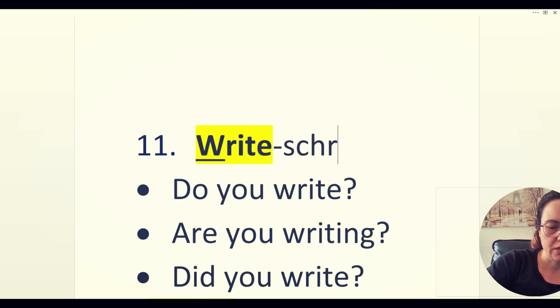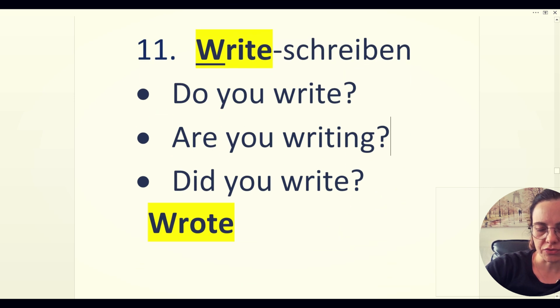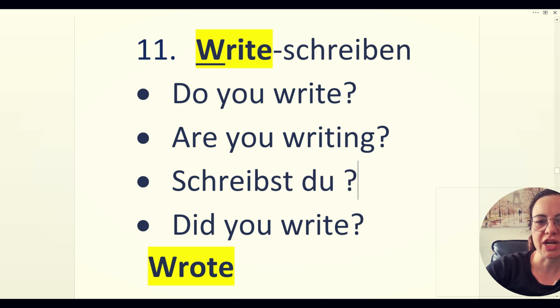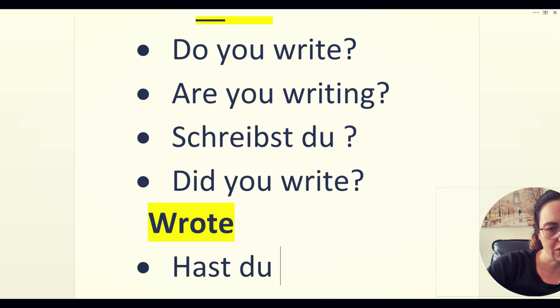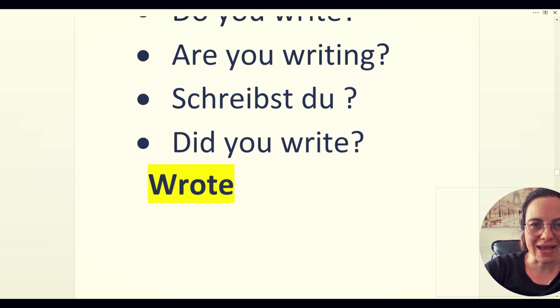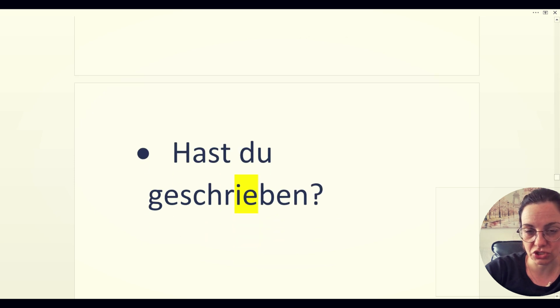Write is schreiben. So "do you write" or "are you writing" would be "schreibst du". And "did you write"? Hast du... irregular one, geschrieben. So this I in schreiben goes to a long E in geschrieben. Hast du geschrieben?